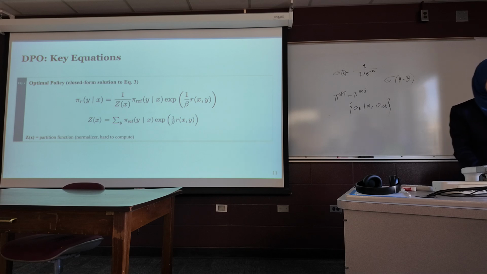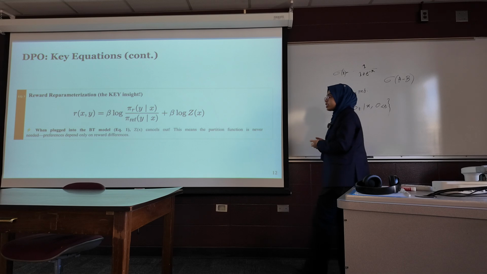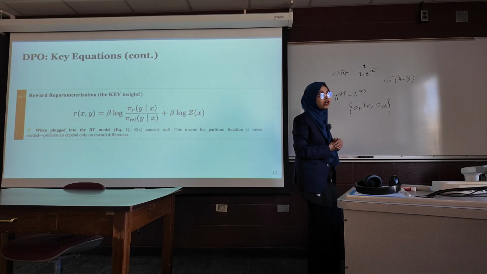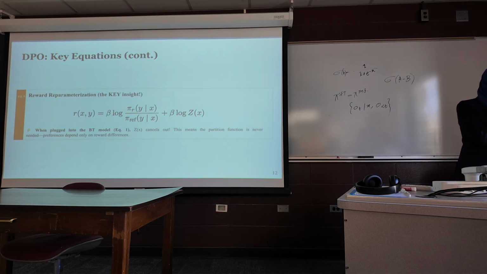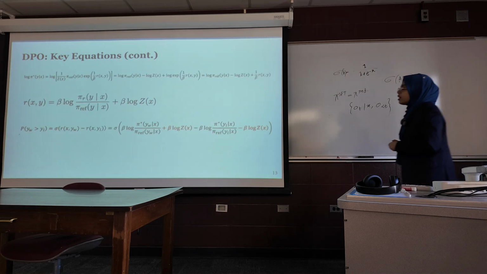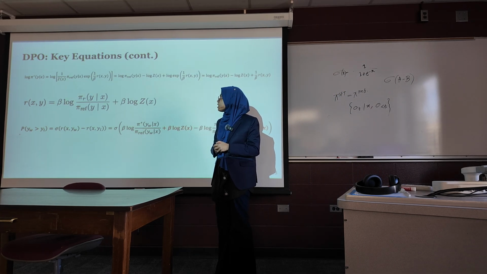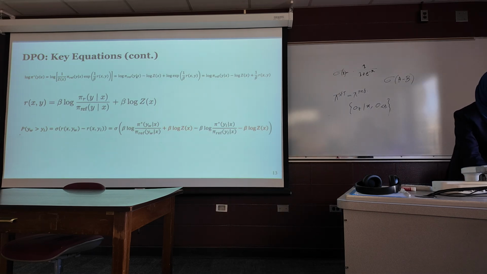How do you do that? They reformulate the closed form equation into this equation. This is the reward score equation. Now the question is, how did they go from the closed form to this reformulated equation? The analogy is again kind of simple. You take the log on both sides of the closed form equation, and if we know how logarithms work, if it's a multiplication, it's a plus. If you are dividing, it's a subtraction.